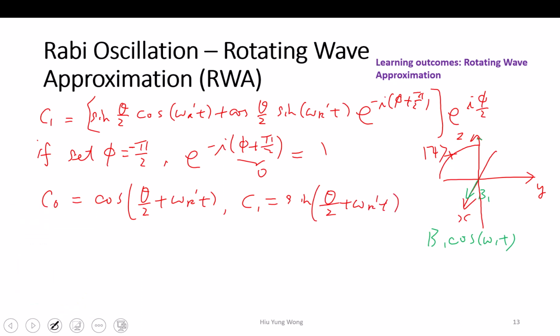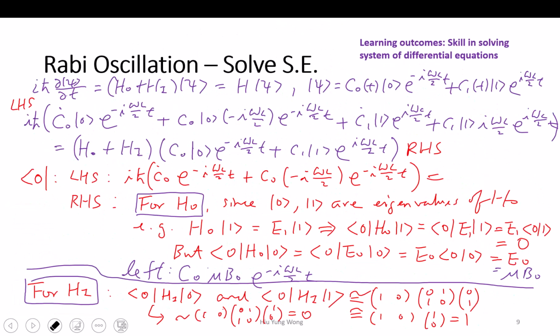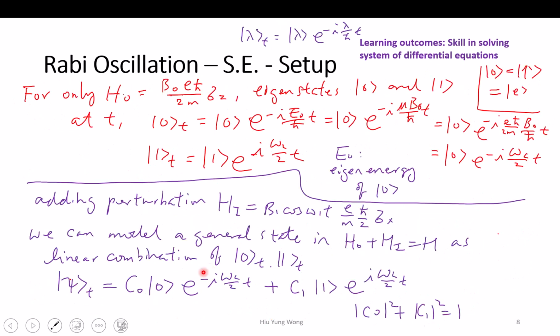And the whole function is equal to cosine of theta divided by 2 plus omega r dash t, times e to the power negative i phi divided by 2, times state 0, plus sine of theta divided by 2 plus omega r dash t, times e to the power i phi divided by 2, times state 1. Not just 0, right? We still have the Larmor precession because when we do this expansion, we still have this one.